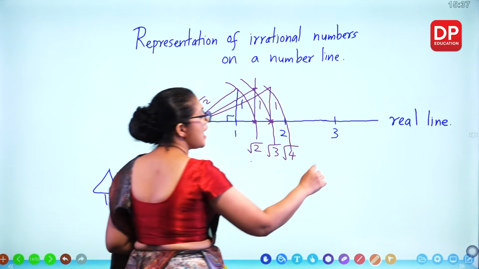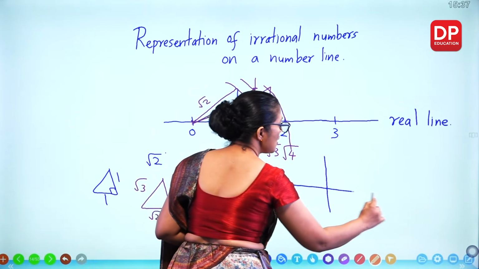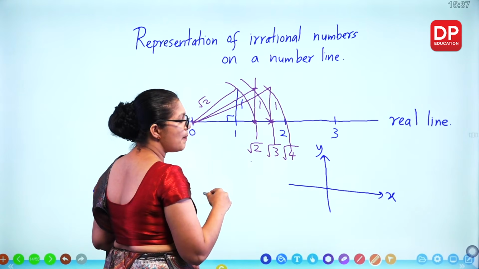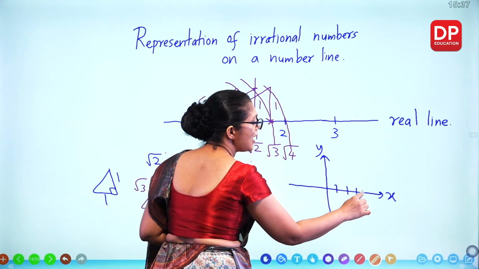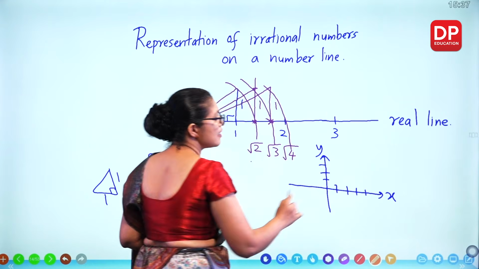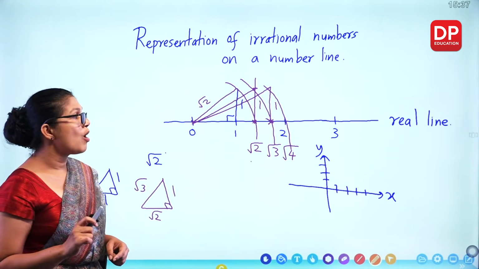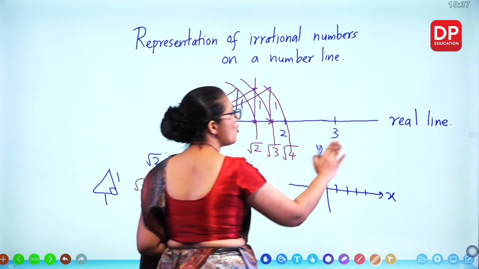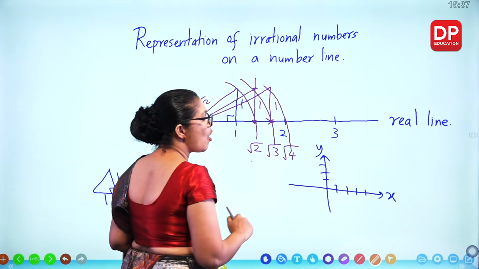If you take any Cartesian plane, the x and y plane, here this is also like a number line. So we call this the real plane because we can show any number on that plane.